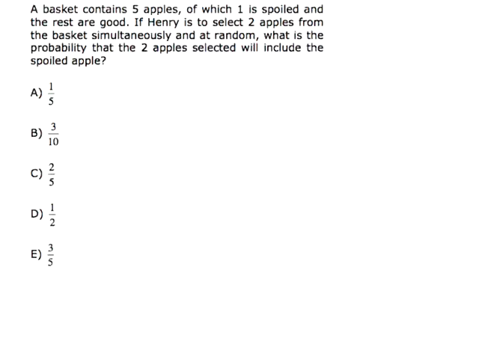Okay, well, a basket contains 5 apples, of which one is spoiled and the rest are good. So, let's take a look. So how can you do this in a way that's not strictly probability theory? What we have is an approach.